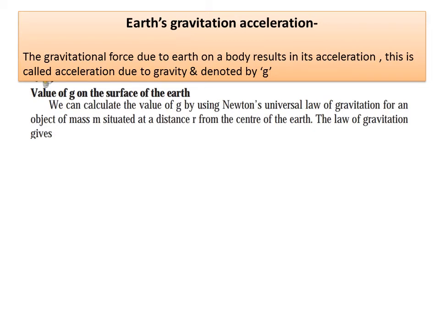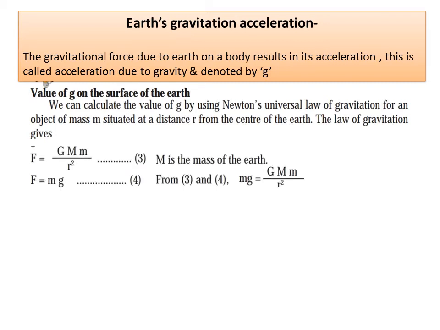We can calculate the value of g by using Newton's universal law of gravitation, for an object of mass m situated at a distance r from the center of the earth. So from the universal law of gravitation, F equal to G M m upon r squared, where capital M is the mass of the earth and r is the radius of the earth, or the distance of the object from the center of the earth.